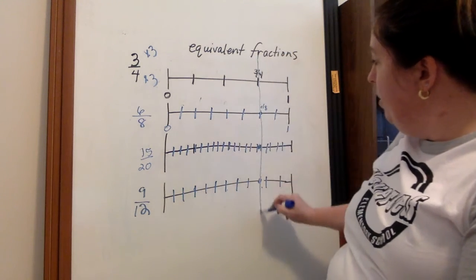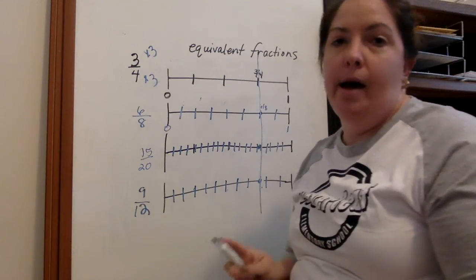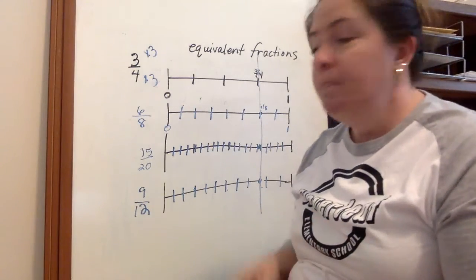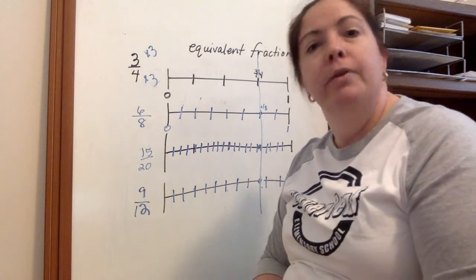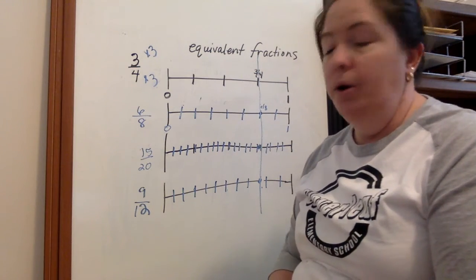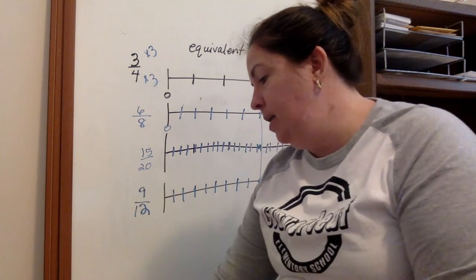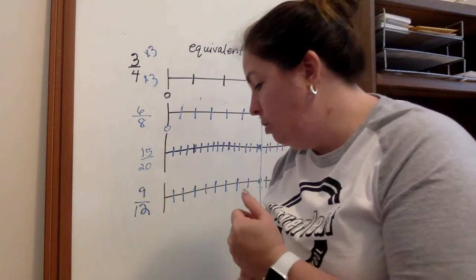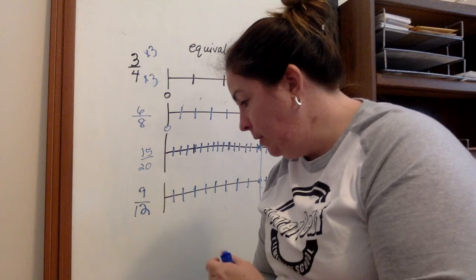And they all pretty much line up considering I am the artist, right? So those are our equivalent fractions for the final step in this week 3 choice board. All right.